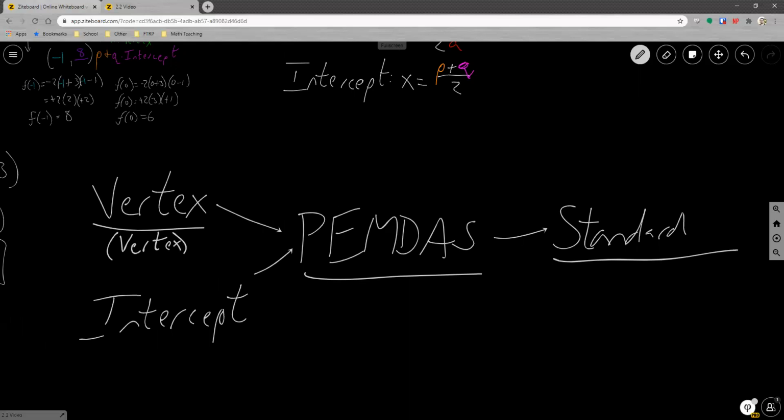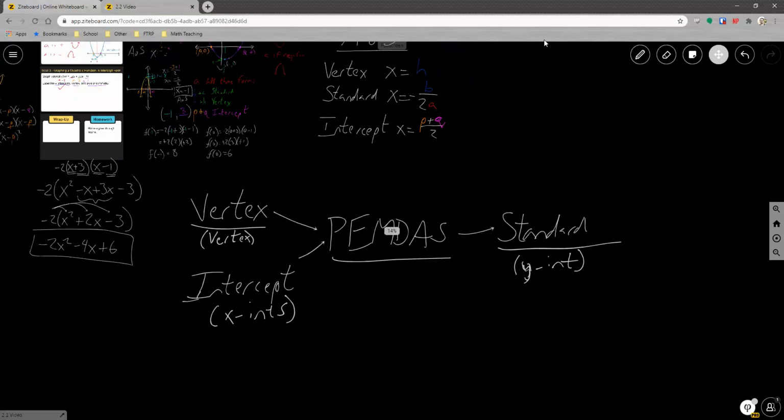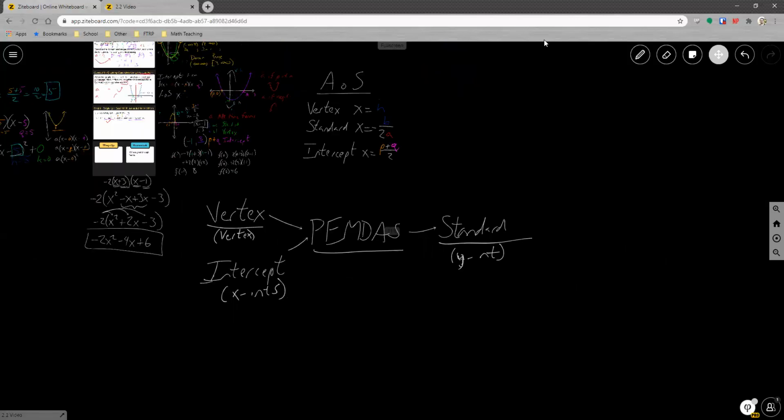Go through PEMDAS, get the y-intercept. If I start in intercept form, that gives me the x-intercepts. Again, I go through PEMDAS, and I get my y-intercept at the end. I just want you guys to see that connection between all this stuff. We'll talk more about it as we go forward in this semester.